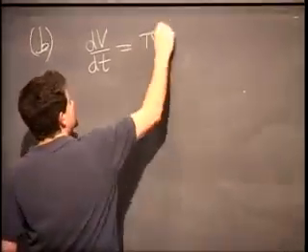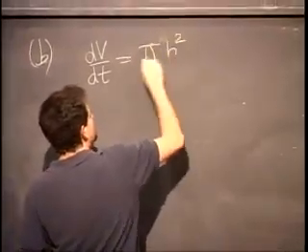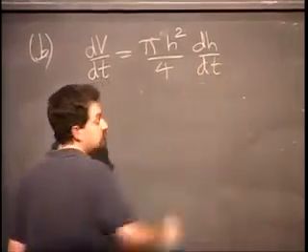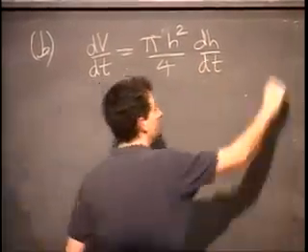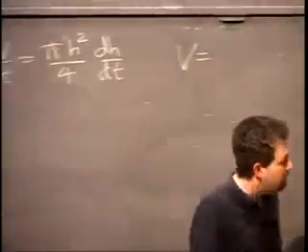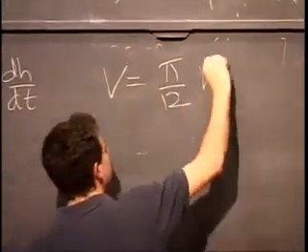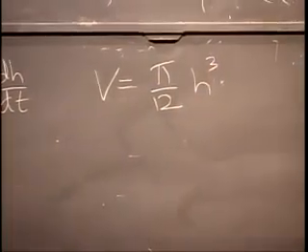Pi h squared over 4 dh/dt. That is still true. As is, of course, V equals pi over 12 h cubed. This is still true. It's still a cone.